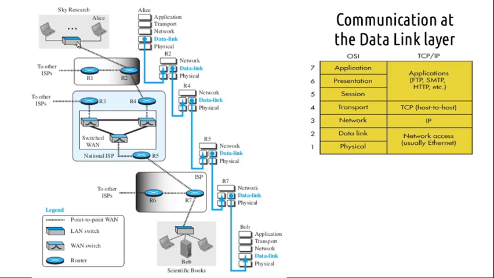Okay, so frames are sent from Alice's network, this is Alice's network, to its intermediate router R2. So it is going from the data link layer through the physical layer to the physical layer of the router R2, and then it's passed to the upper layer, that is the data link layer. Here in this step there is the process of decapsulation.